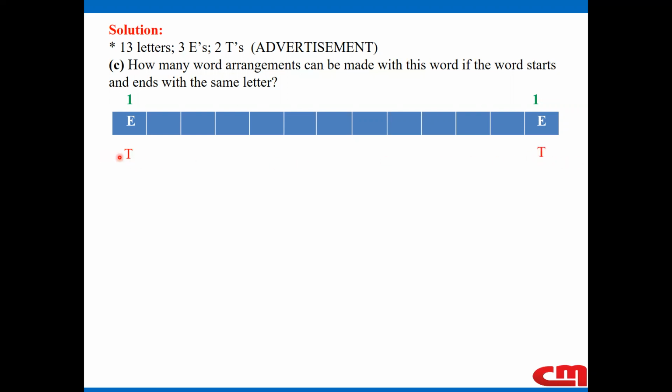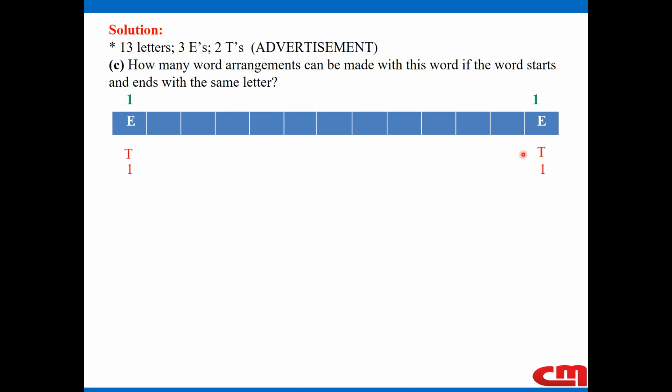So I have a T here, a T there. So it's 1, 1, right? So what it means here is we have 2 scenarios, 2 situations where we can have words, right? Starting with E, ending with E, or words starting with T, ending with T, which is the condition that we have in this problem.